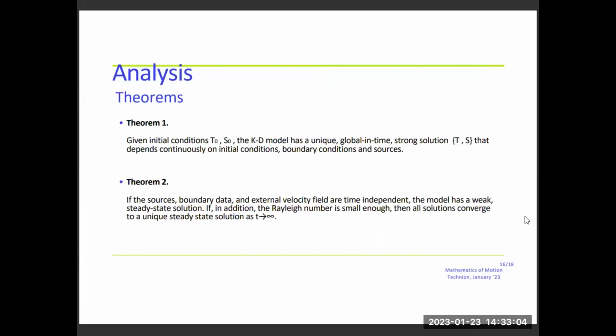Okay, so soon I will show you what this looks like as a PDE model, for which we proved these two theorems. Given initial conditions T0 and S0 that satisfy some regularity constraints, the model has a unique global in time strong solution that depends continuously on initial conditions, boundary conditions, and sources.